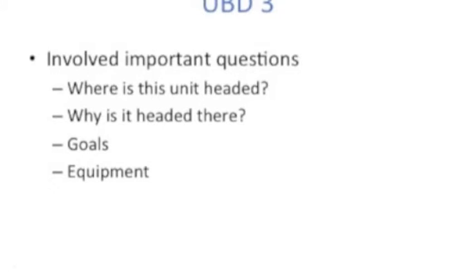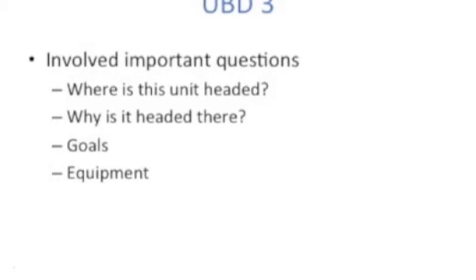So up next is UBD 3. UBD 3 was really interesting. It involved important questions such as where is this unit headed? Why is the unit headed there? And then it also added stuff like, what are the goals in this unit and what equipment will we be using?